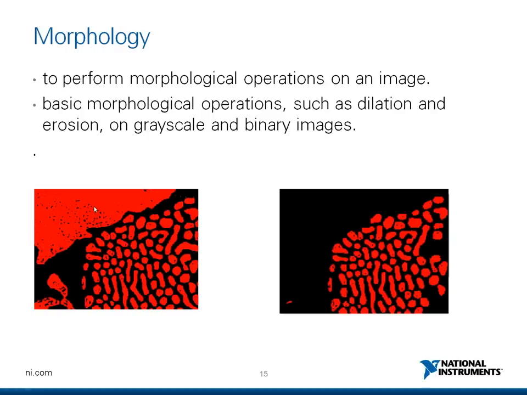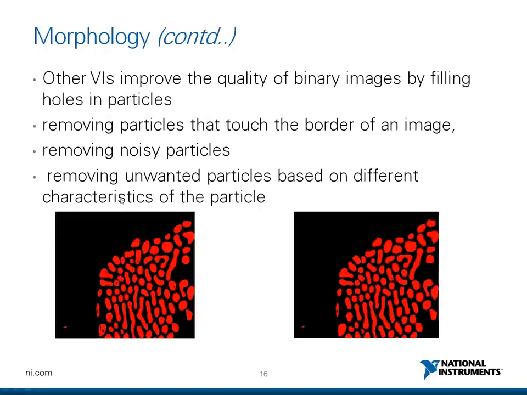So a morphological operation can be executed to remove this border information. Again, if you see here, there are certain holes in these particles. These holes might create a problem when we are doing a particle analysis. So we need to fill up the holes as well.